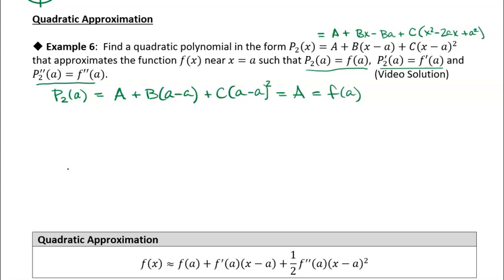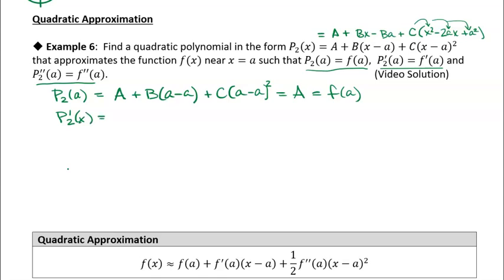And then we could distribute this c all the way through. All right, so let's find p prime, the derivative of this second degree polynomial.